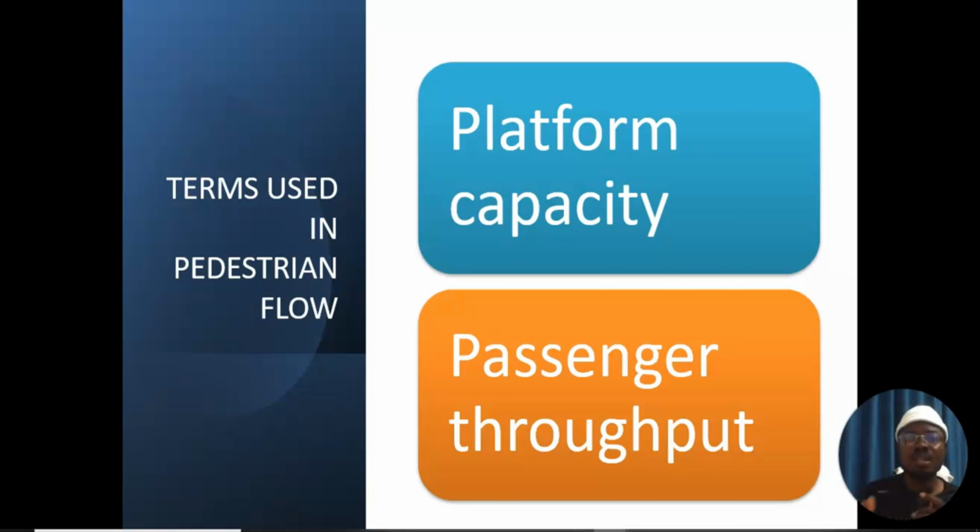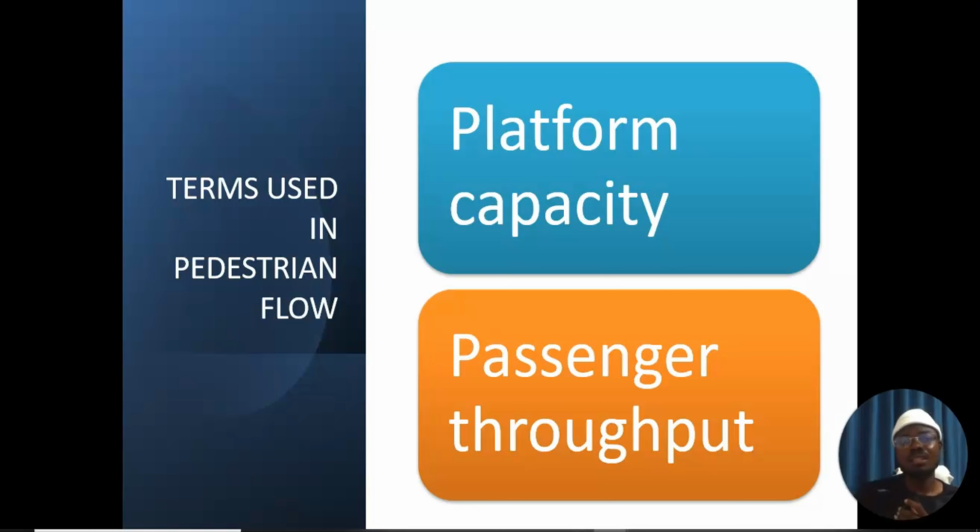At this point, it is very important that there is a certain number. So this throughput is talking about the number of passengers that can be processed through a subway at a given time. Sometimes, during peak period, some stations increase their passenger throughput, that is, increase the numbers. If they have two or three processing points, they might increase to four processing points as a result of the number of passengers at the subway at that time.